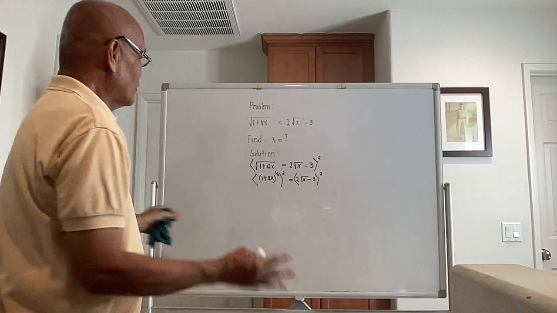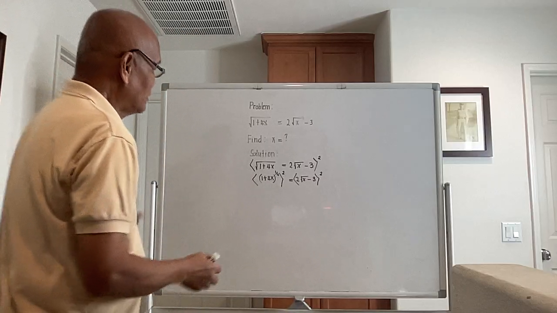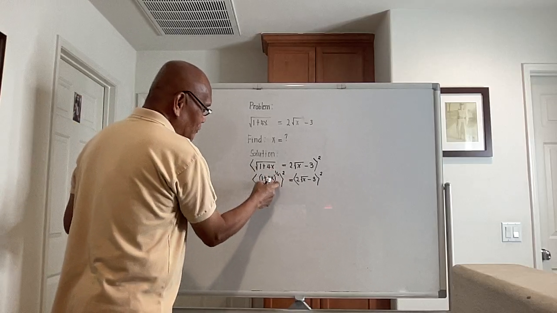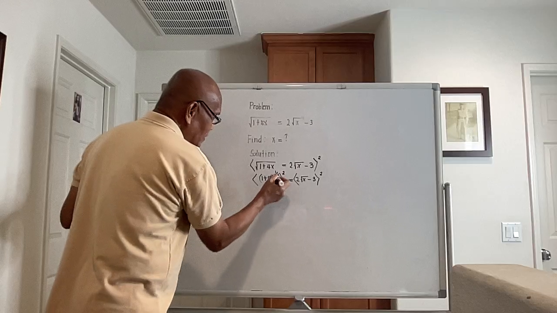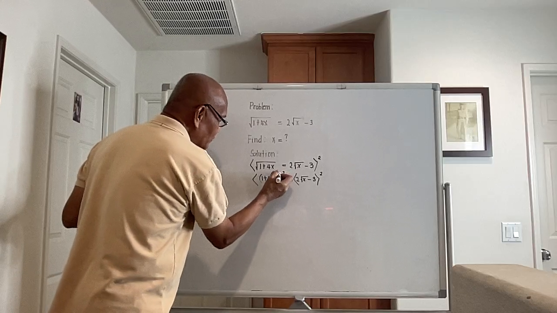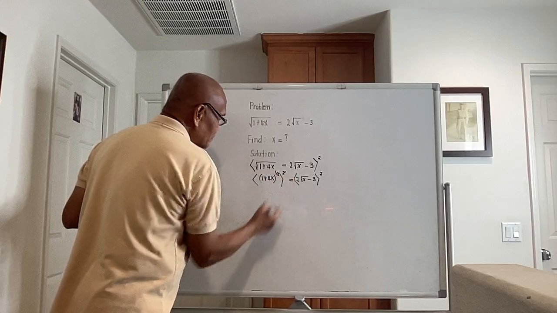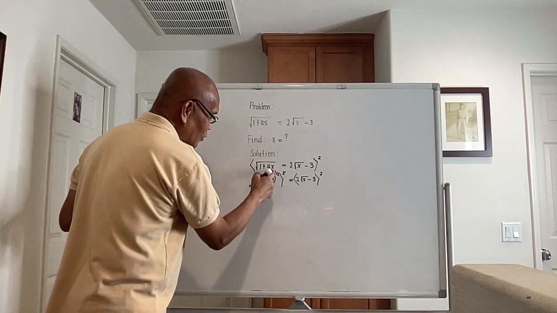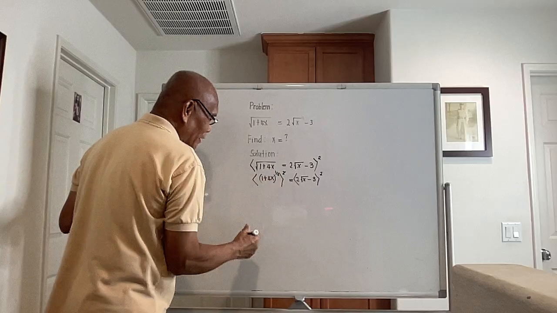So if we try to simplify the left hand side, we use the laws of exponent here. 1/2 times 2, they'll try to cancel out. So the power of this one now will just be simply 1 over 1 times 1, or just simply 1.